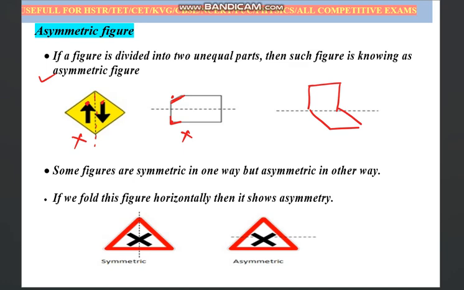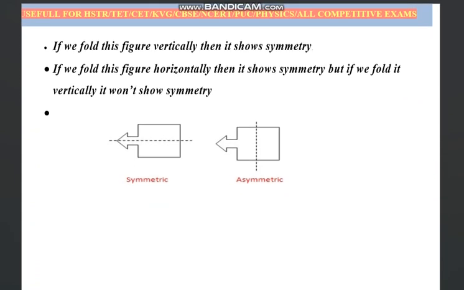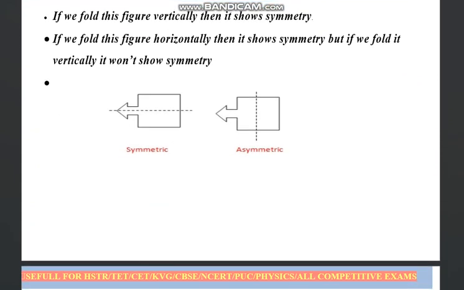Some figures are symmetric in one way but asymmetric in another way. If we fold this figure horizontally, then it shows asymmetry. See here. If I fold this same figure horizontally, then it is not a symmetric figure. But if I fold this vertically, then it is a symmetric figure. If we fold this figure vertically, it shows symmetry.